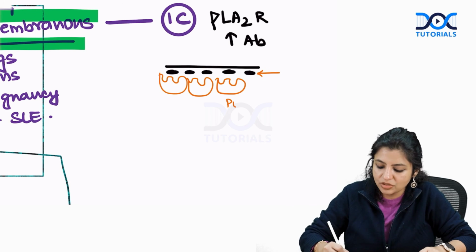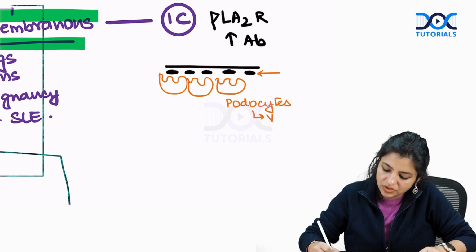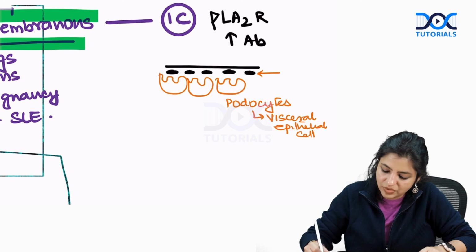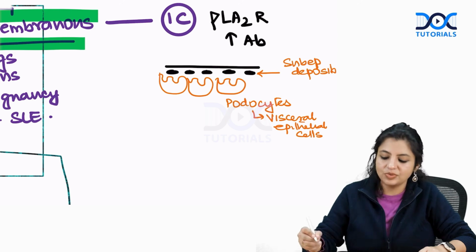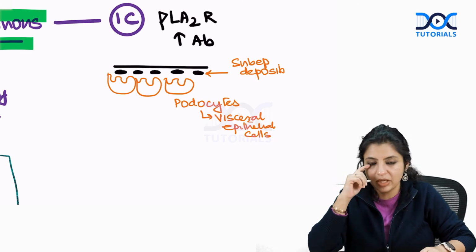Podocytes are also called visceral epithelial cells. That is why the deposits are called subepithelial deposits, which can be seen on electron microscopy.